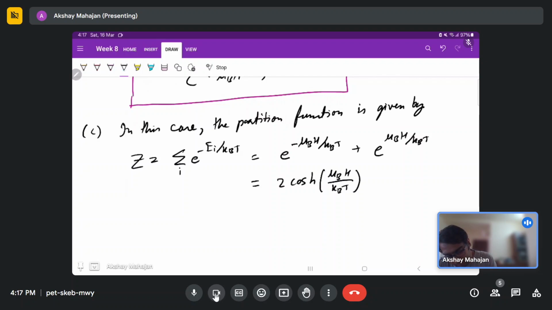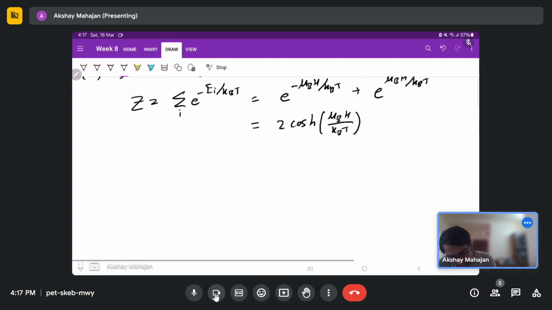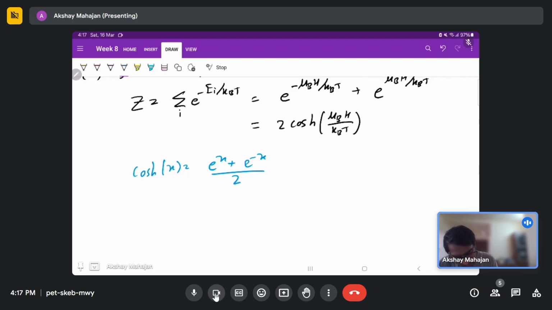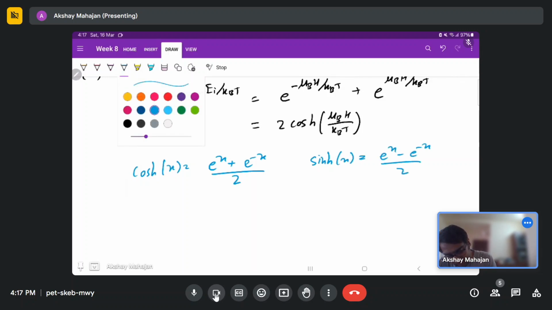We are going to use this formula a lot. Cosh of x is e to the power x plus e to the power minus x divided by 2, and sinh of x is e to the power x minus e to the power minus x divided by 2.